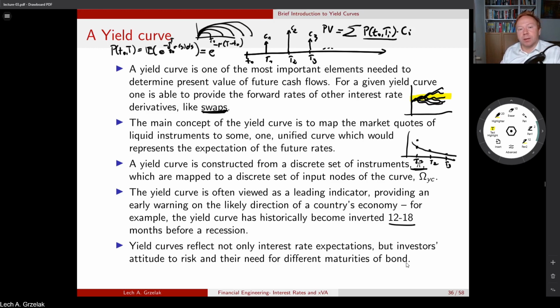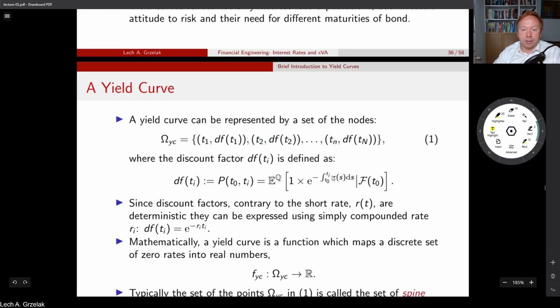That's always better than keeping your cash. And then of course, if the demand for short-term bonds is higher, this means that the yield goes lower. So you can see the yield curve also changes, with different shapes of the yield curve we will discuss on the next slide.